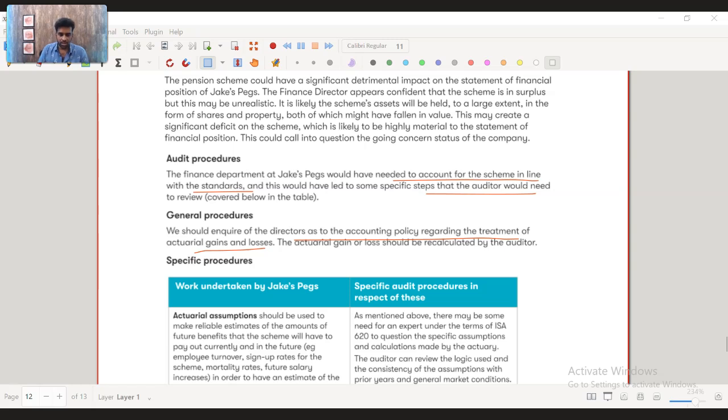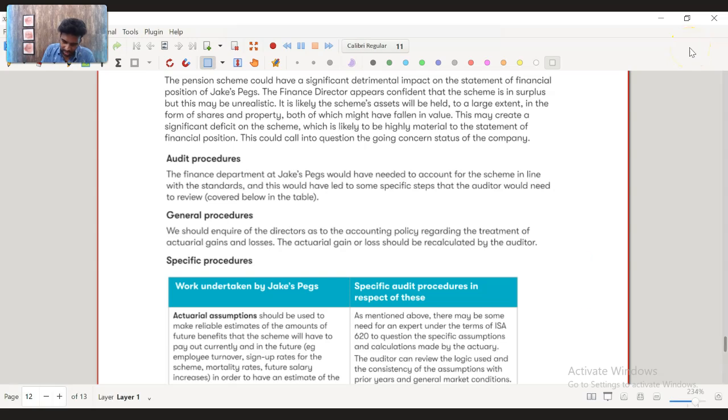Further, the auditor can also recalculate the actuarial gain or loss themselves, because you get the report from the actuary and you can send it to our expert, and the expert will give an opinion, so you can take that as a base. And whatever the actuarial valuation was in the last year, the difference will be your actuarial gain or loss. Very simple.